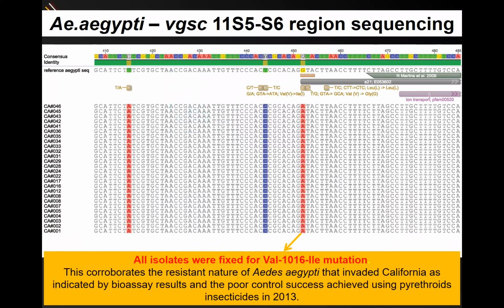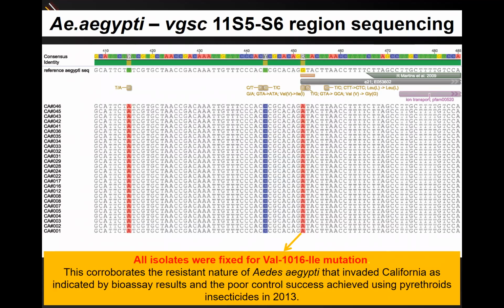And then what we thought would be nice was we examined the genotype of 13 specimens of Aedes aegypti from a location in Clovis and Madera, and all of them showed homogeneity with respect to a single mutation that confers sensitivity to pyrethroids.